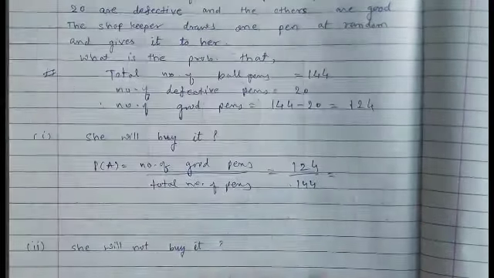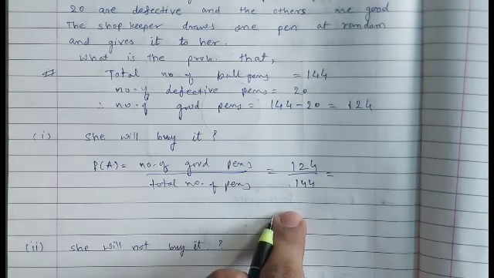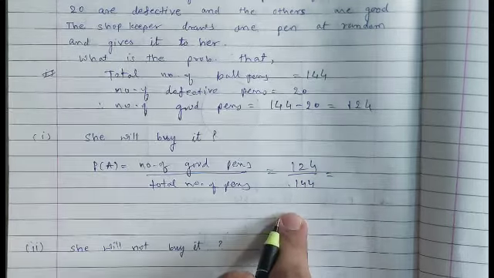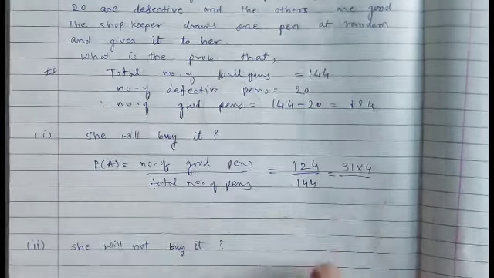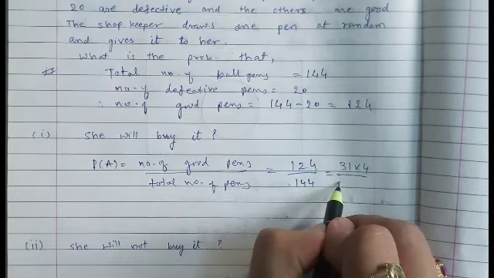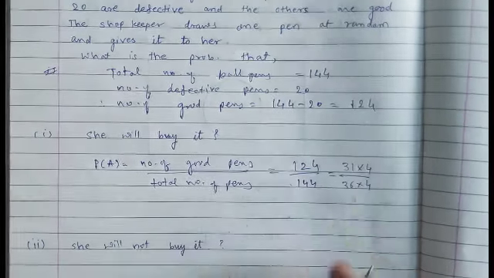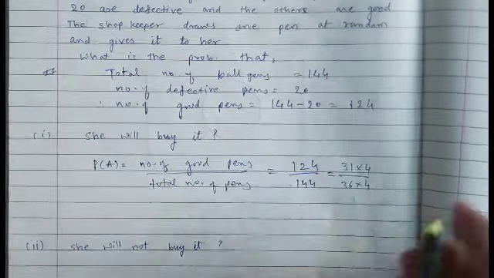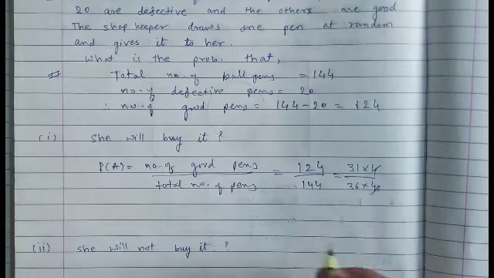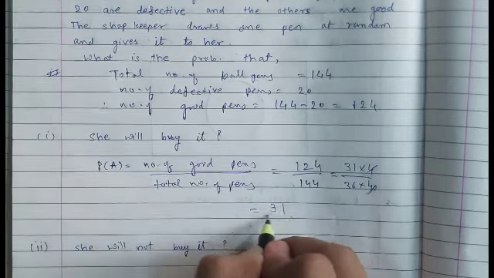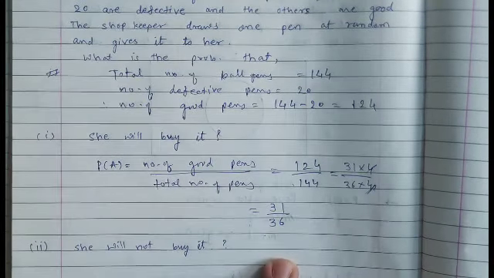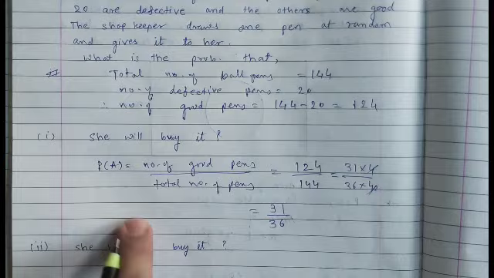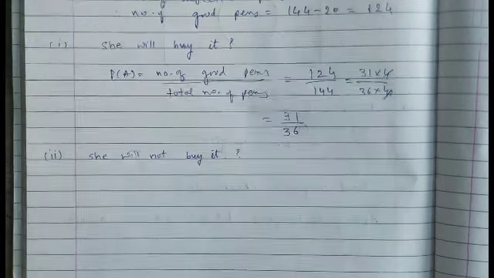Both of these numbers are divisible by 4. 31 multiplied by 4 is 124 and 36 multiplied by 4 is 144. 4 will be cancelled out, so your answer will be 31 upon 36. So the probability that Noori will buy this pen is 31 upon 36.